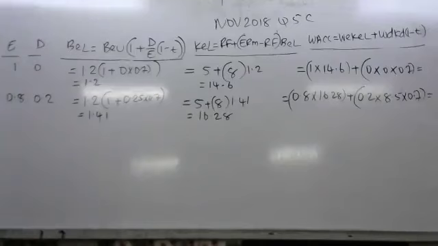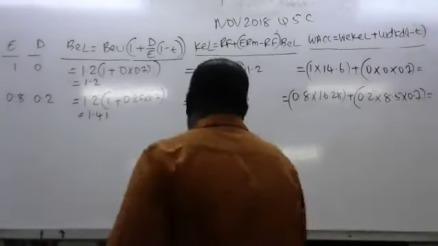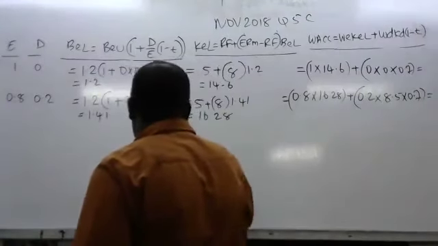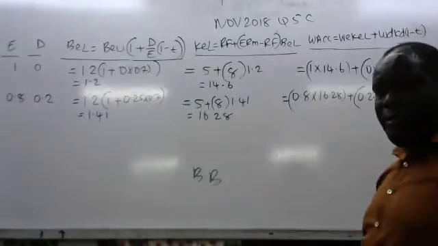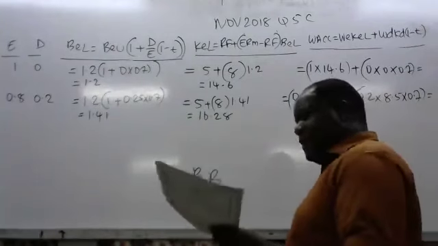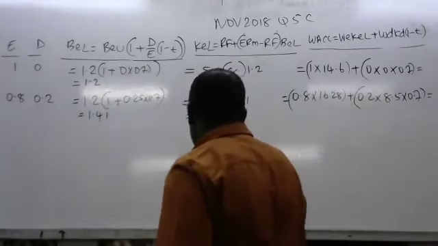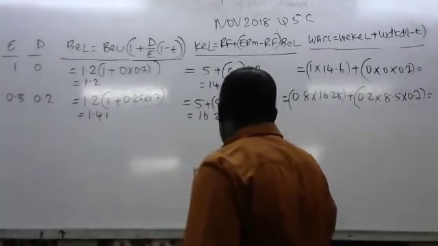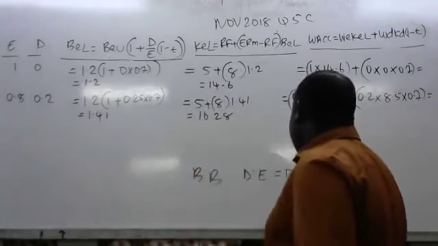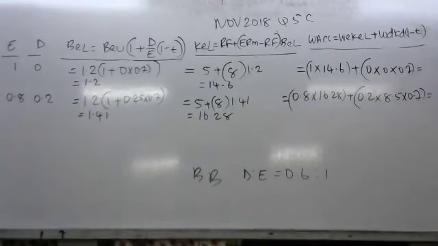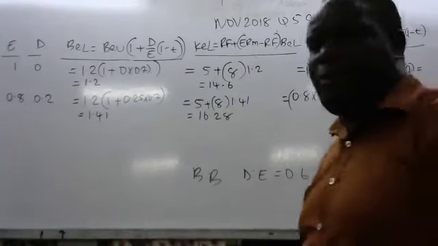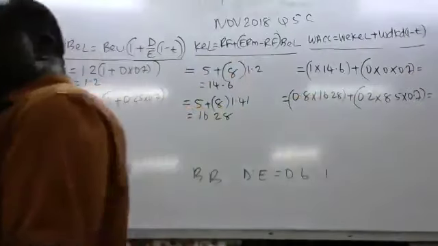We now go to the third one. So the third one, it is bond rating BB. So for that bond rating BB, they gave us debt to equity of 0.6. So go to your calculator and see what you can get from there. So press 0.6 and get the answer.